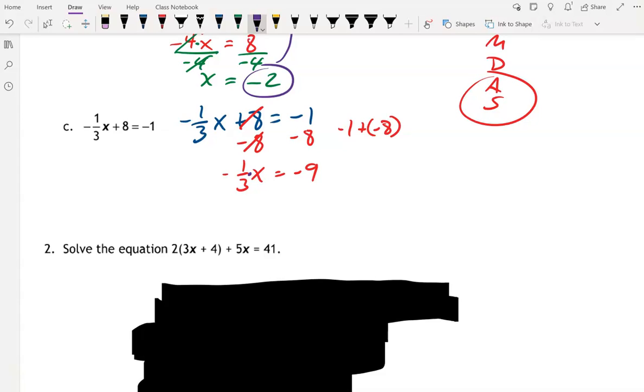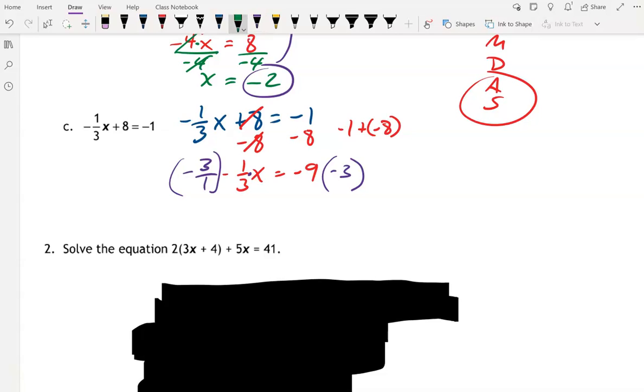Now I have to divide by negative 1/3. But remember what division is, especially when it comes to fractions. It is multiplying by the reciprocal. So I'm going to multiply both sides of my equation by the reciprocal of negative 1/3. And that would be negative 3/1. And this side, negative 3/1 is just negative 3. So I don't need to change that to a fraction because I'm multiplying it by a whole number.